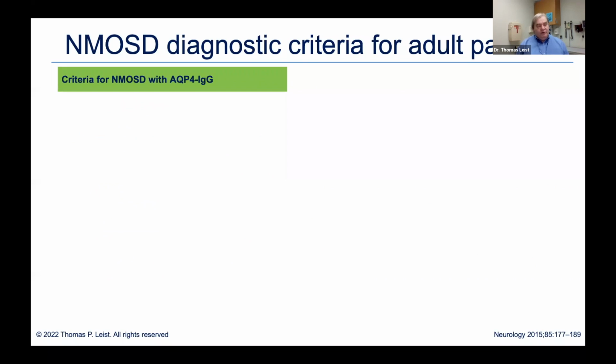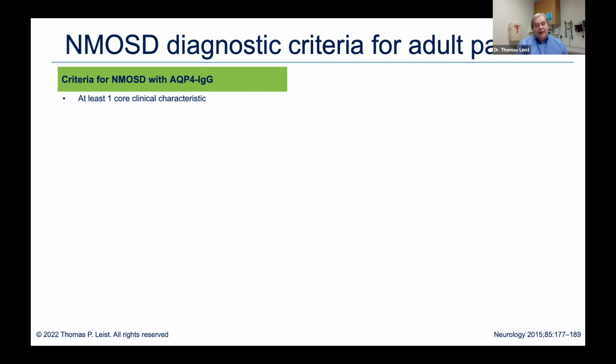And from that point of view, it's important to have some diagnostic criteria when we consider the condition of neuromyelitis optica. The criteria are very specific for individuals with NMO antibody, the anti-aquaporin 4 antibodies, and the criteria for diagnosis are different for individuals that don't have that antibody present when we test for it.